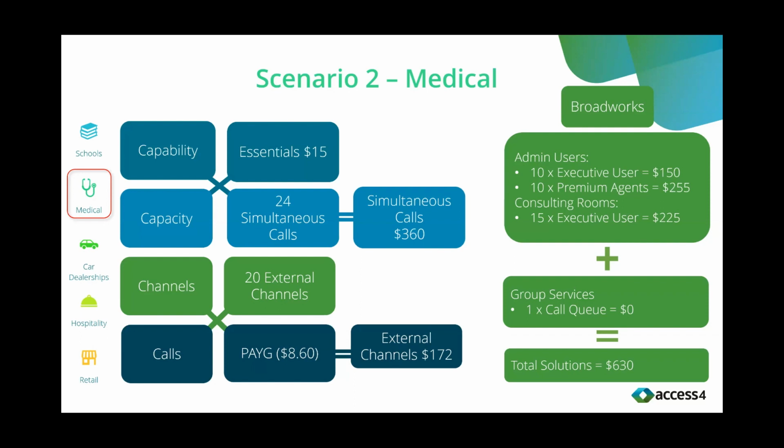So those external channels come up to about $172 per month, excluding the PAYG component after the fact. So overall, that's a total of 532, and depending on how many calls they make, that could get up to 630.